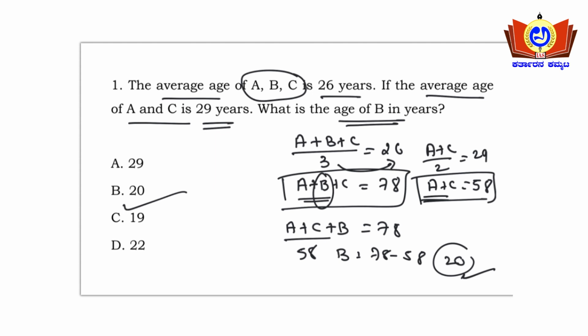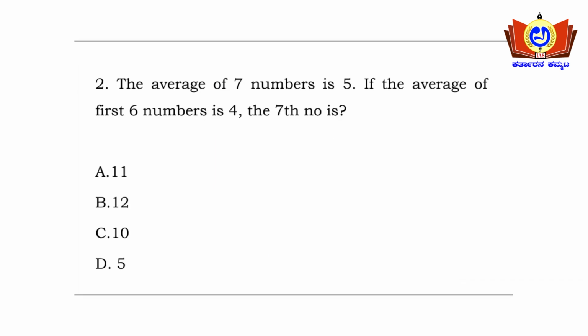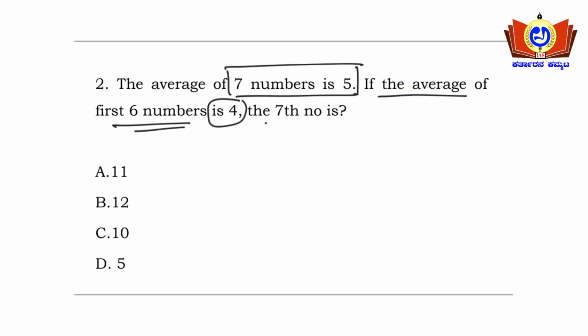Simple question. So moving on to the next question. The average of 7 numbers is 5. If the average of the first 6 of these numbers is 4, the 7th number is, okay, simple question.